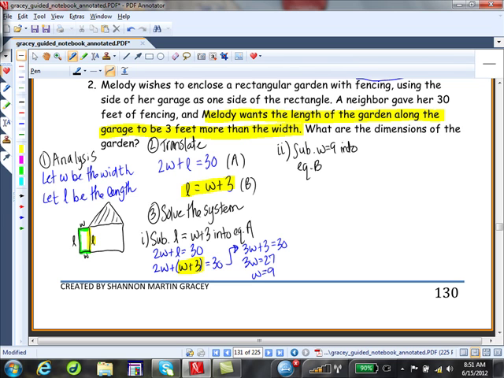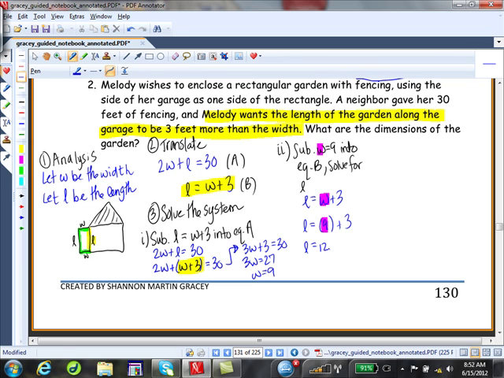And this will let us solve for L. So L equals w plus 3. L equals 9 plus 3, because that's what we got for our w, right? W was 9. And so now L is 12.